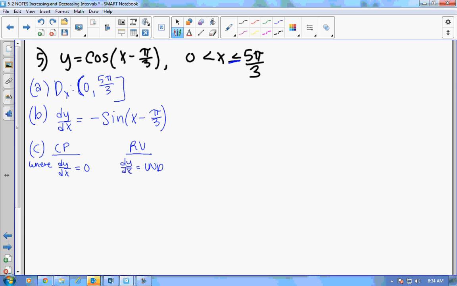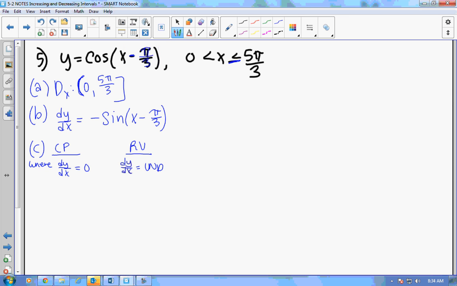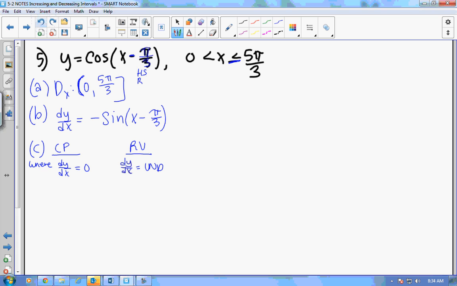Definitely. And this minus pi thirds is a specific shift. Remember? Outside is same. Inside is opposite. Vertical is outside. Inside is horizontal shift. Yep. So that is a horizontal shift right pi thirds.